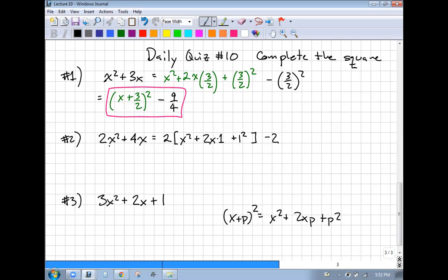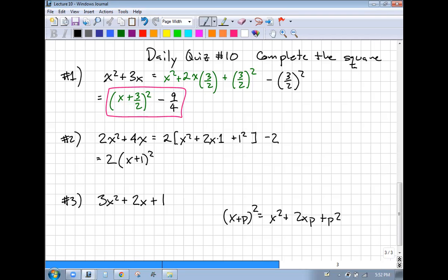So I factored out the 2. Right. This is just this. But I wrote it, since the 2x is already there, I needed a number p, so I just multiplied it by 1. So that means the number here I need is 1 squared. Of course, it's just 1. So what do I have? I have a 2. This thing is x squared plus 2x plus 1. That's just x plus 1 squared.